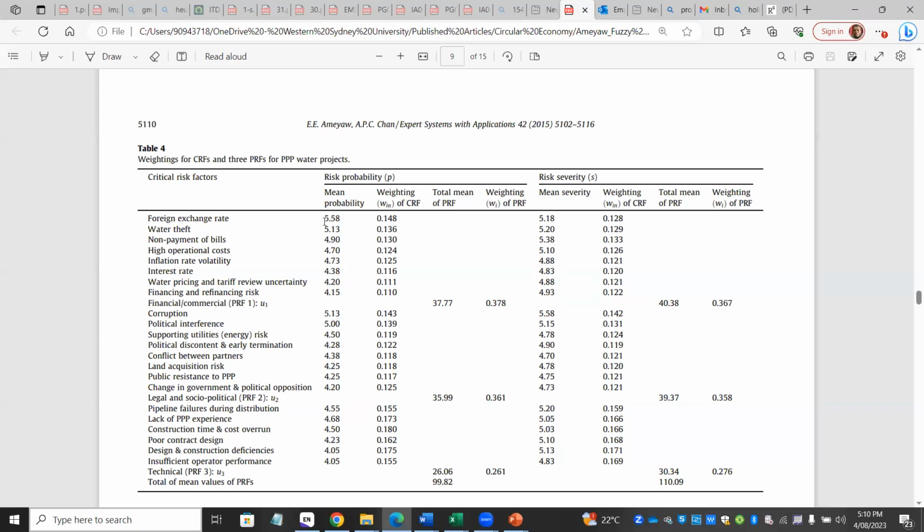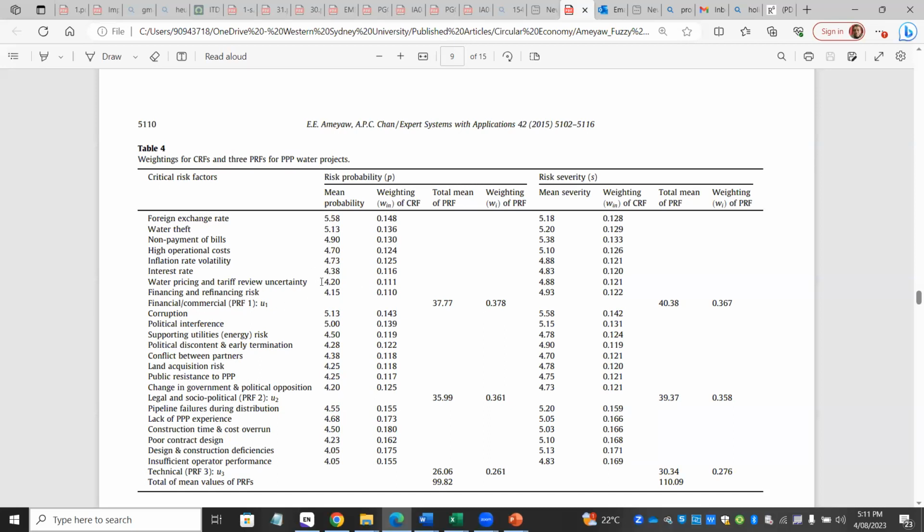When you add all the 8 together, it will give you the total mean, and this total mean is for the group. The reason it's for the group is that the 8 of them come together to form the group. They are the sub-variables, the sub-factors in the financial or commercial risk group.